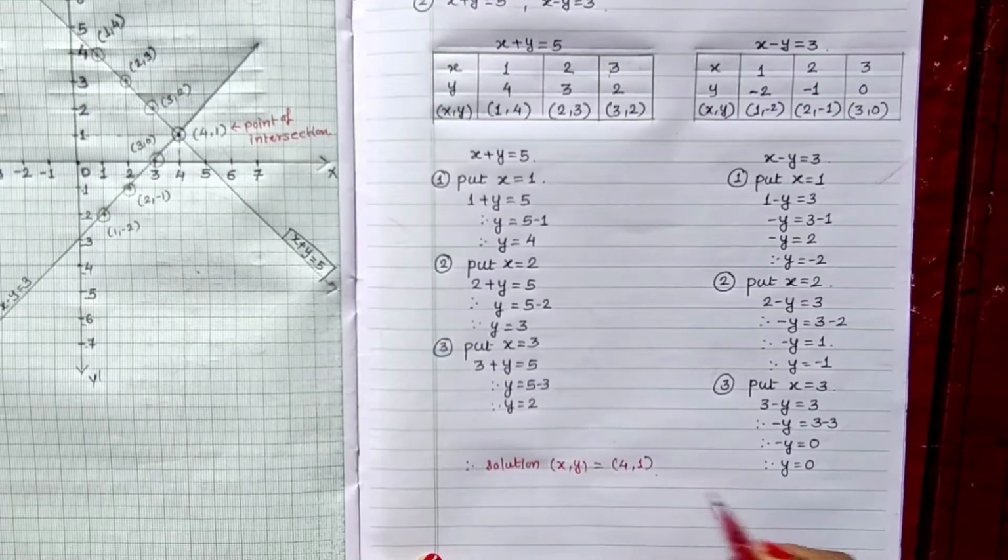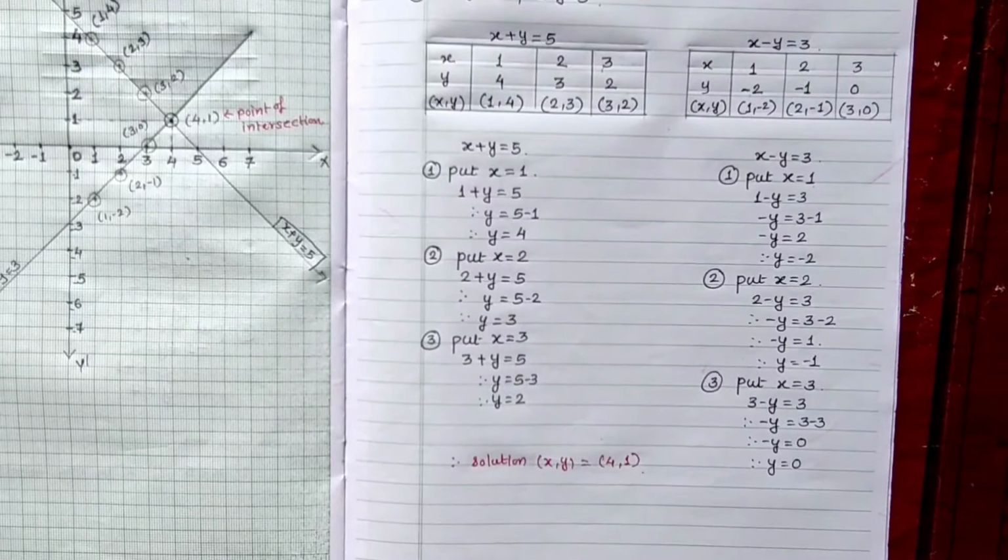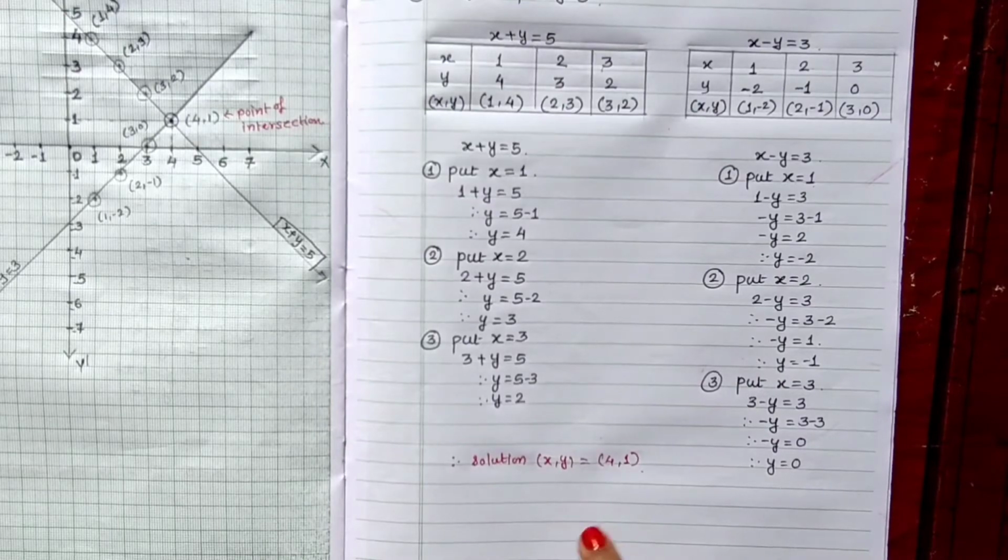Always write this solution. If you don't write the solution, that means you have not written the answer. There are always marks for the answer. So write the solution in the end, very important.